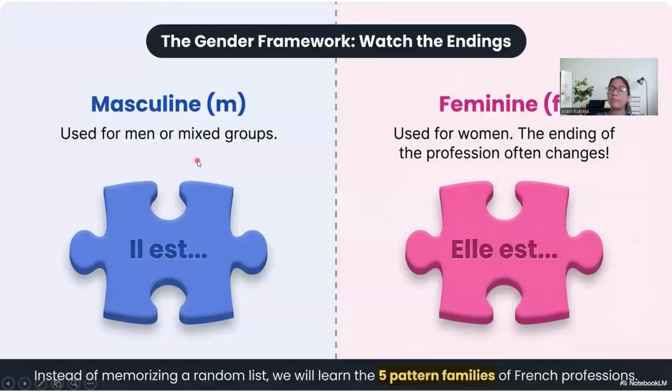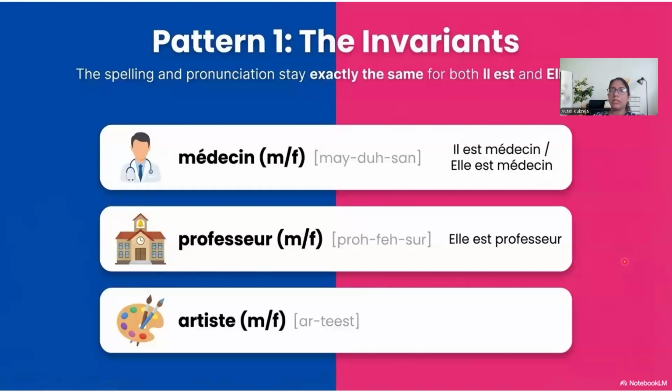If it's a masculine profession, if we're representing he's a doctor, we'll use il est. If we're representing women, then it's elle est. Now, masculine and feminine professions can be different, like the way we have in English, actor and actress.